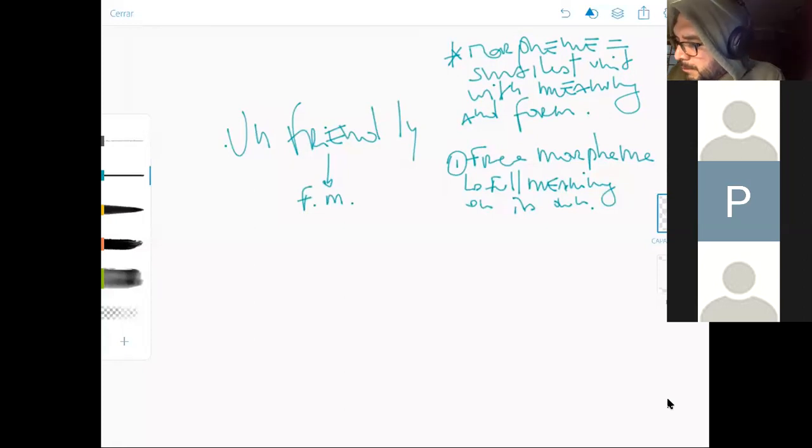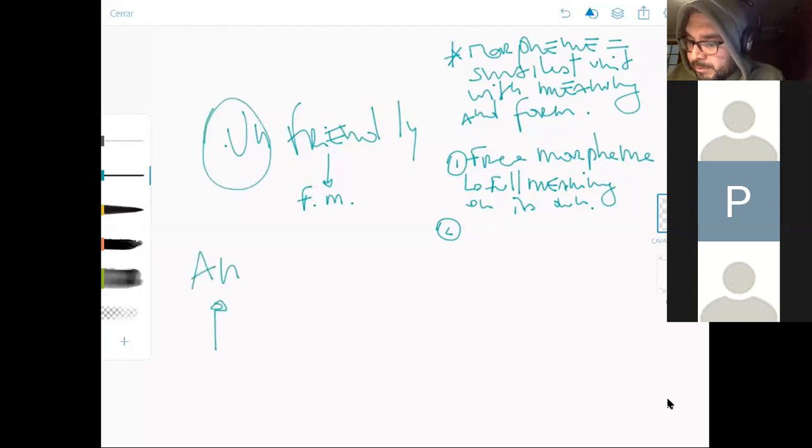Now, this specific free morpheme is being accompanied by two other forms, right? An at the very beginning and then li at the very end. What happens if I say an with that form? Not this one, because this is a free morpheme.